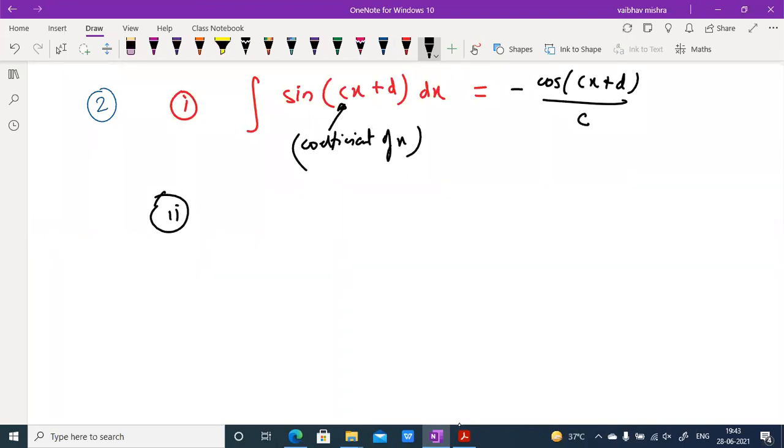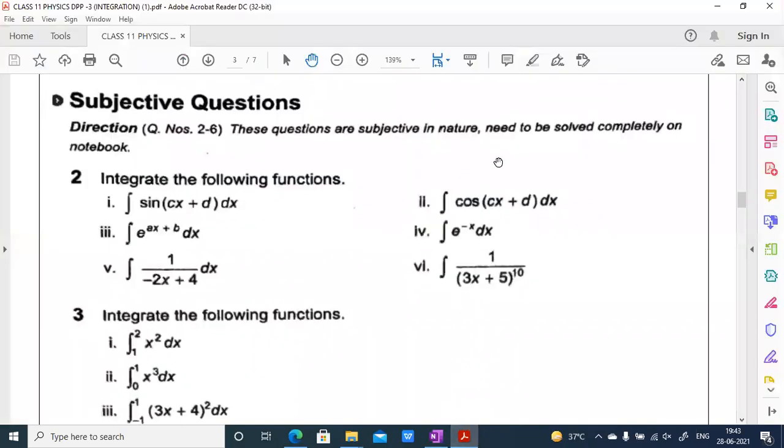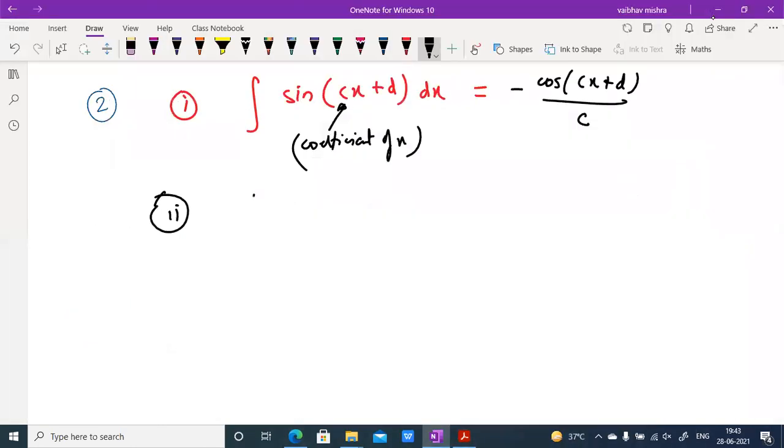Second, the first part, doubt? Understood, everyone? Yes, sir. Second: cos cx plus d. Integration of cos of cx plus d. Arnav Sharma, what will be the answer?